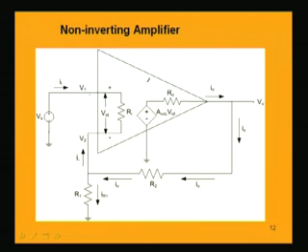The voltage here is V1 minus V2. If V1 is the voltage at this positive terminal, V2 is the voltage at this terminal, then VID is V1 minus V2, which is the difference in voltage. And that difference voltage is amplified by the open loop gain of the op amp, which is AVOL. So, we have this dependent voltage source.